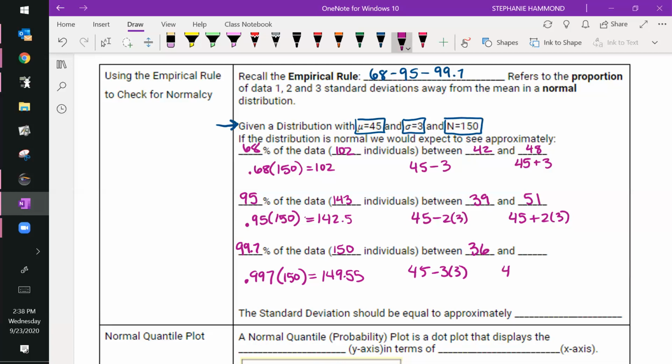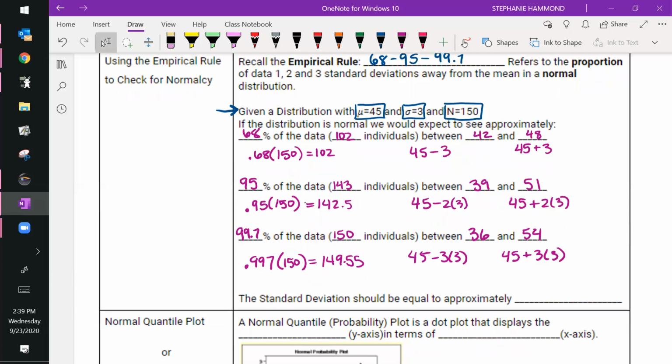Take the mean again and add 3 standard deviations, or 9, and we get 54. So if this is truly normal, then we expect that about 99.7% of the data, or about 150 out of 150 individuals, will be between 36 and 54.